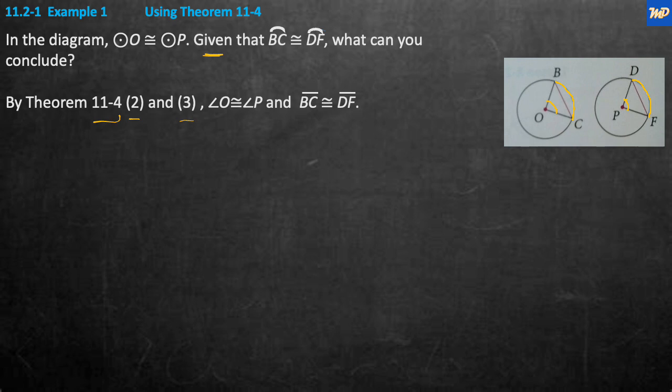And BC is congruent to DF. Now we're talking about the segment, or the chord. They're congruent because congruent central angles have congruent chords. It's a little bit of a round robin sort of thing. Okay, so that's what we concluded.